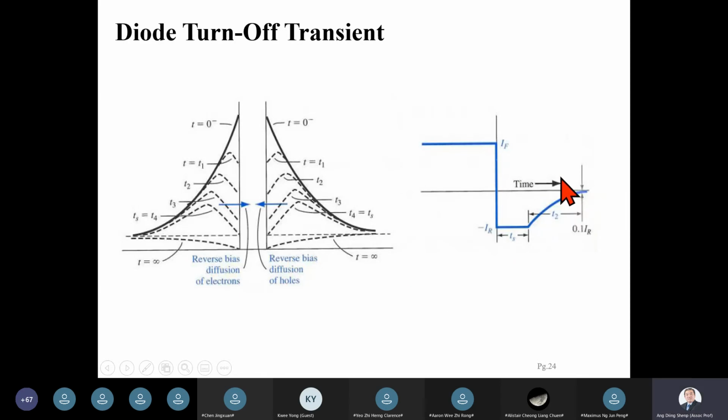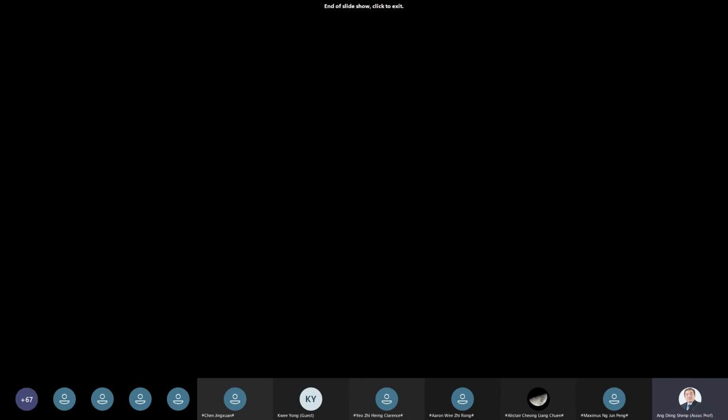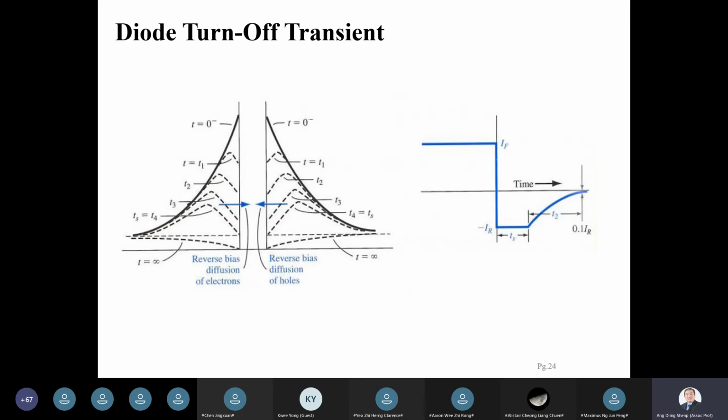There would be a certain finite time where a large current can continuously flow across the diode, although in the opposite direction, before it decays to a very small value, which is the reverse saturation current value at steady state. Through this simple example, you can easily see how storage capacitance affects the turning off transient of the PN junction. It is not possible to immediately turn off a PN junction due to the storage capacitance.